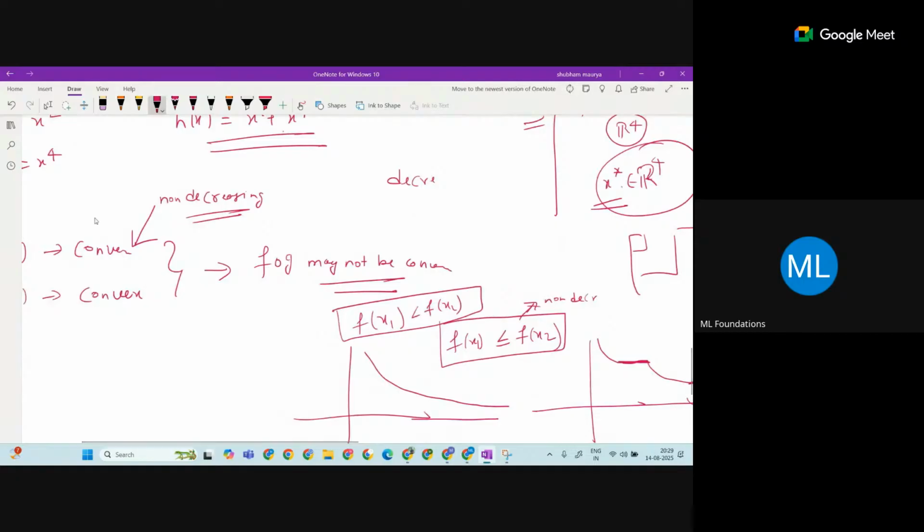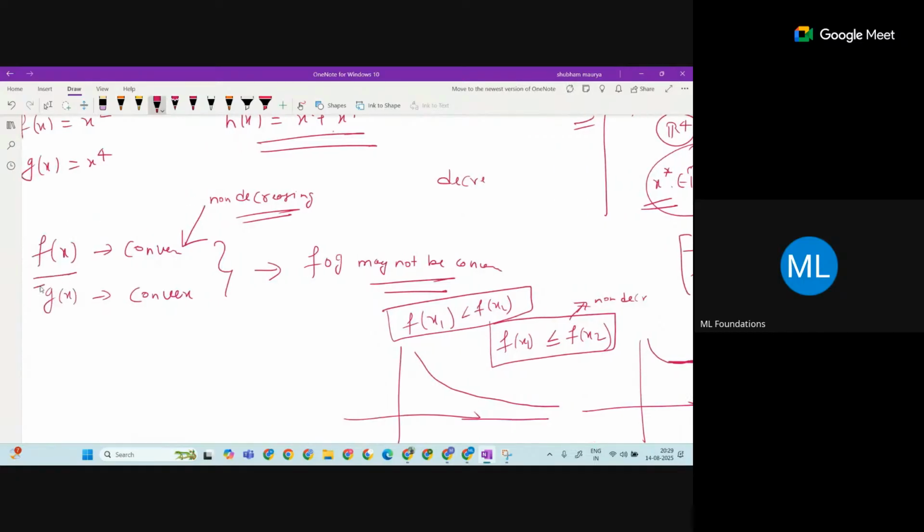So if you impose one more condition on f, then your function composition is surely convex. So two conditions are needed. Suppose I reverse the case, what happens to the composition?